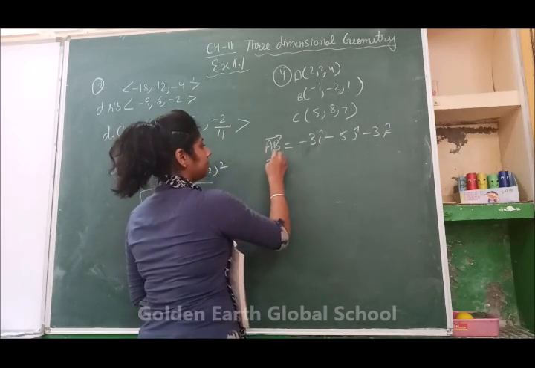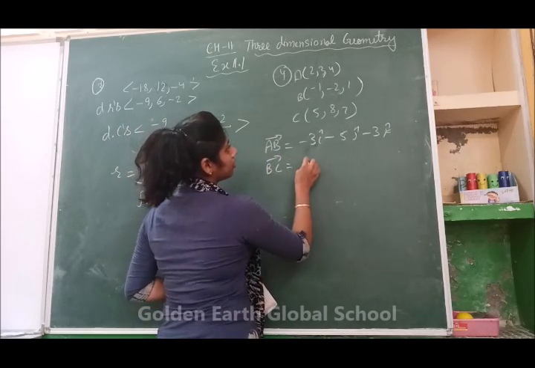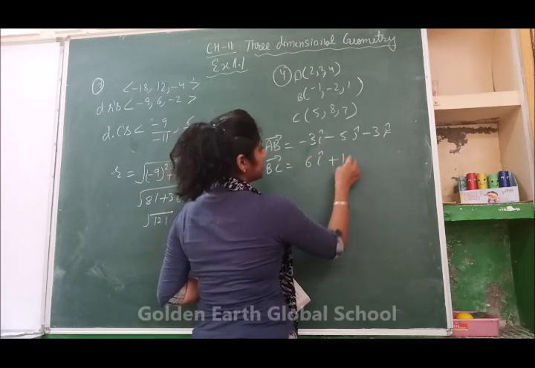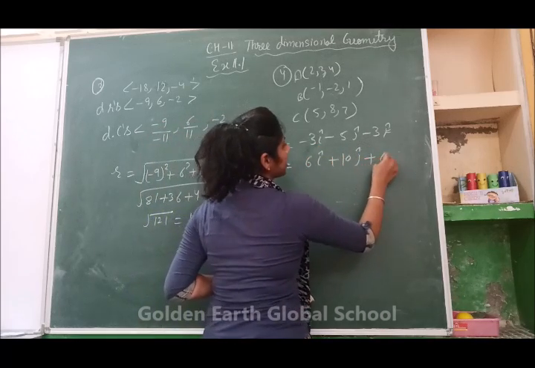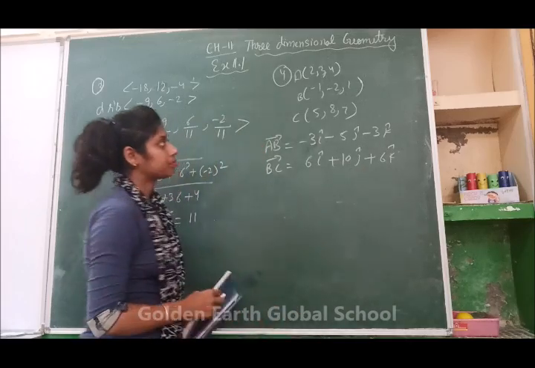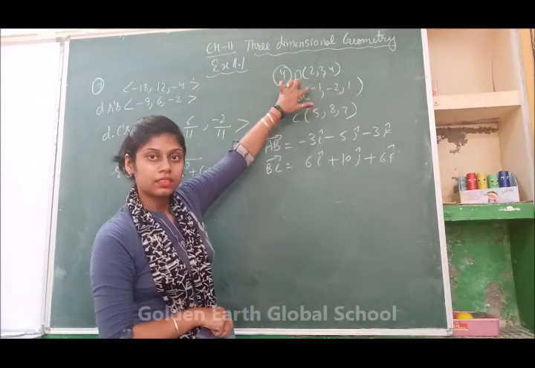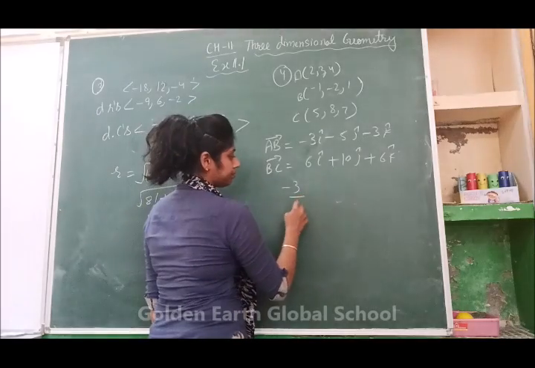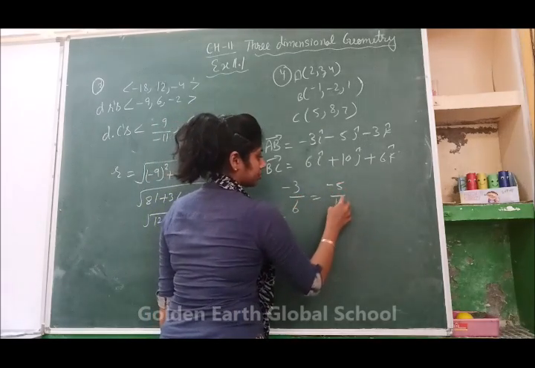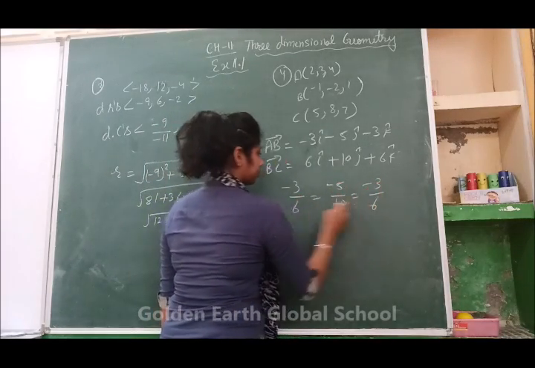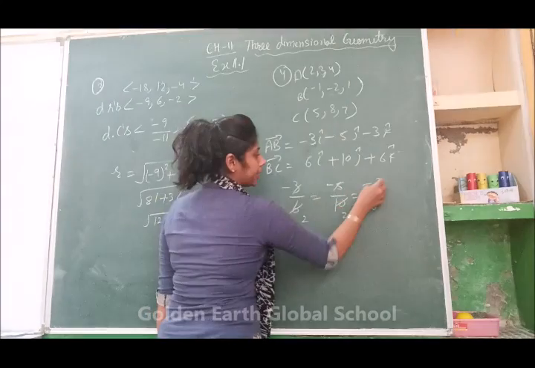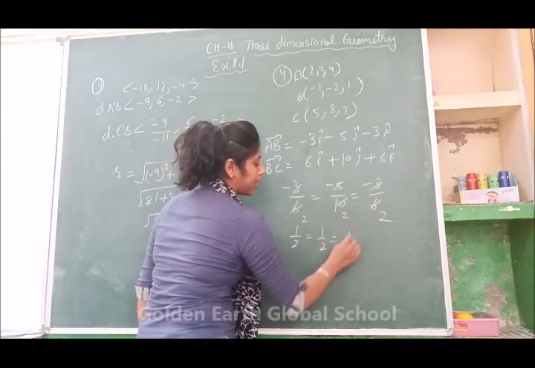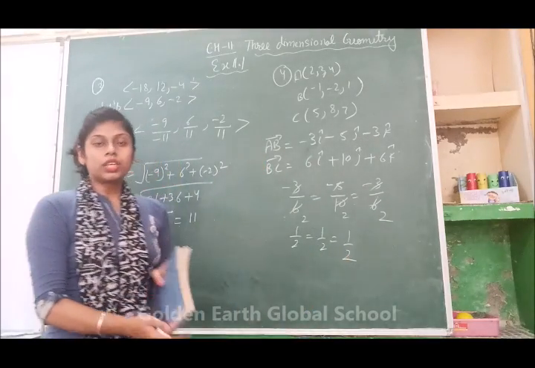Similarly BC is 5 minus 6i plus 10j plus 6k. So by comparing these terms, now we will find the ratio. We get 1 by 2 in each case. It means the ratio is equal, so we can say the points are collinear.